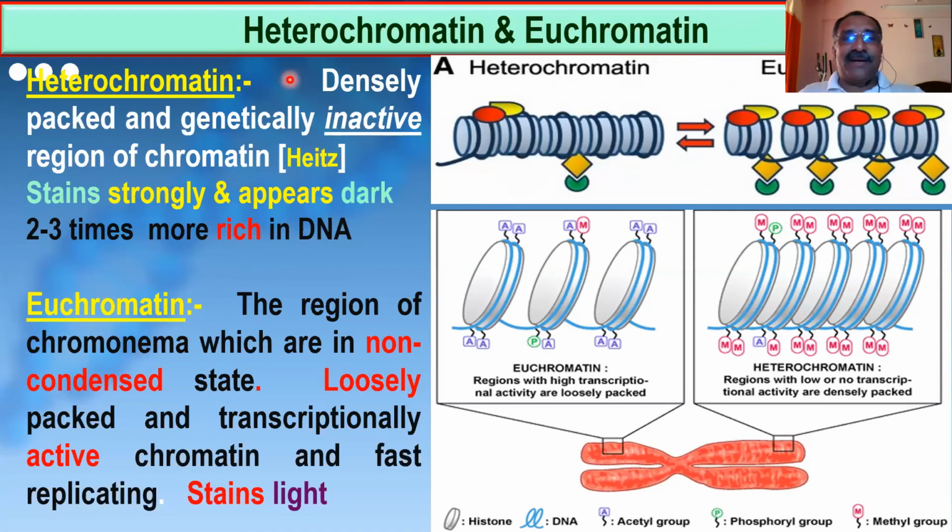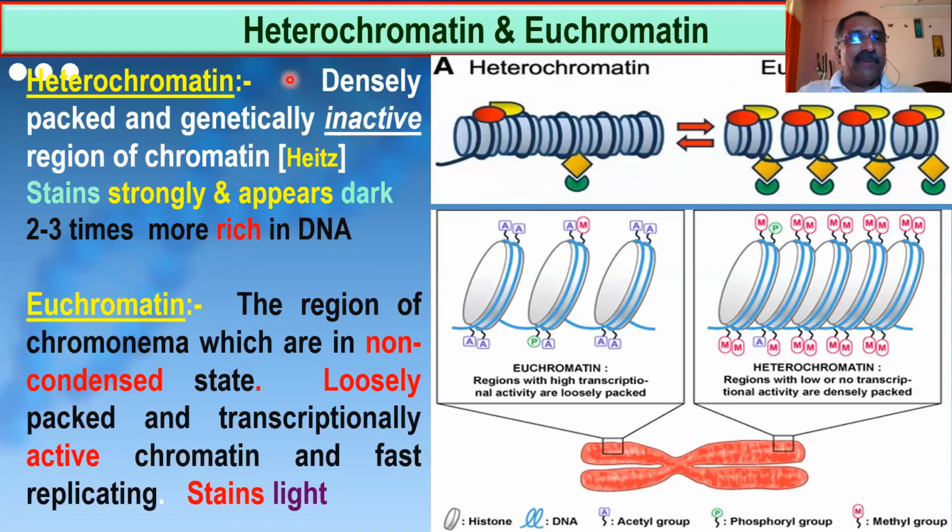I ask heterochromatin: condensed, inactive. Then third point, thick, 2 to 3 times more DNA, then staining dark. Okay, so 4-5 points you got it now.